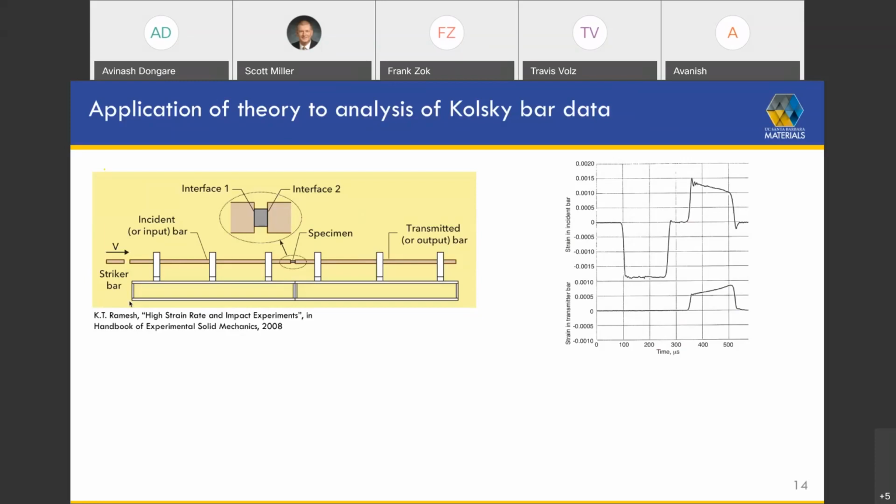If you really want to get rid of these dispersion effects, you can use hollow cylinders, tubes, where the dispersion effects are dictated by the thickness of the wall, not the overall diameter of the bar. Okay? So there are these measures you can take to mitigate some of these problems.